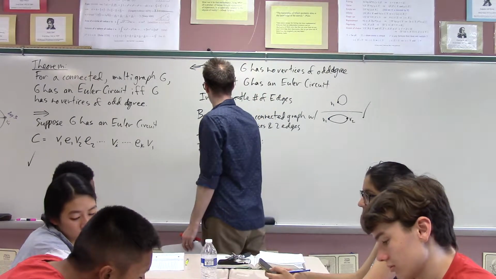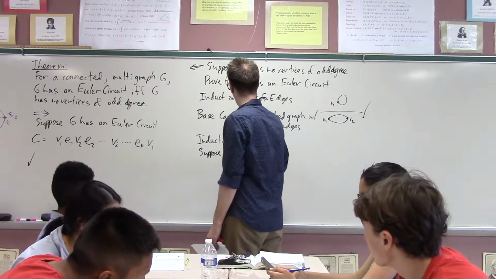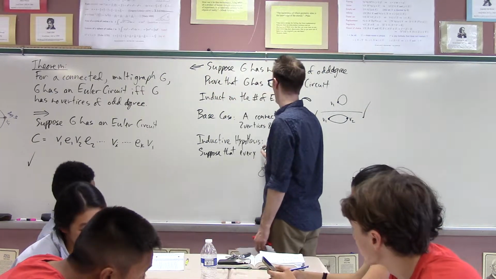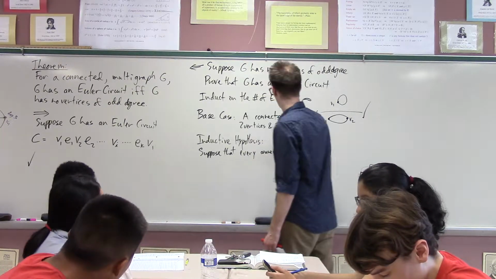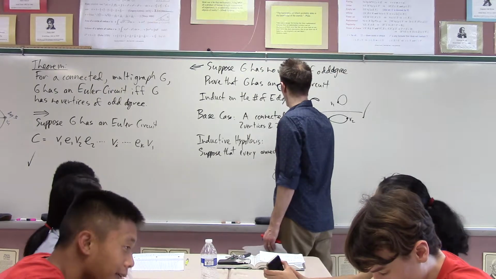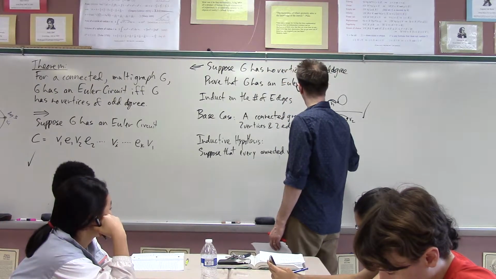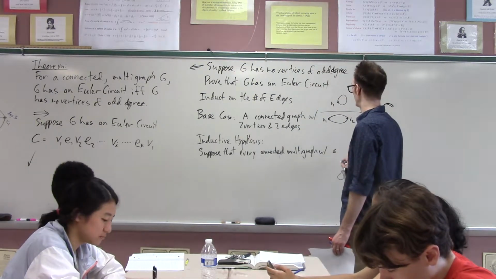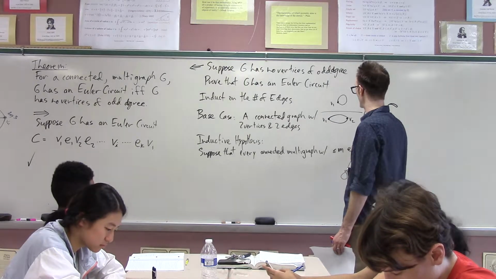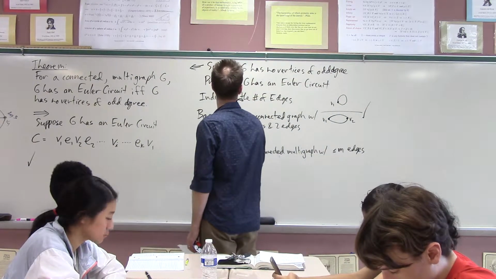So suppose that every connected multigraph with less than or equal to m edges has an Euler circuit.